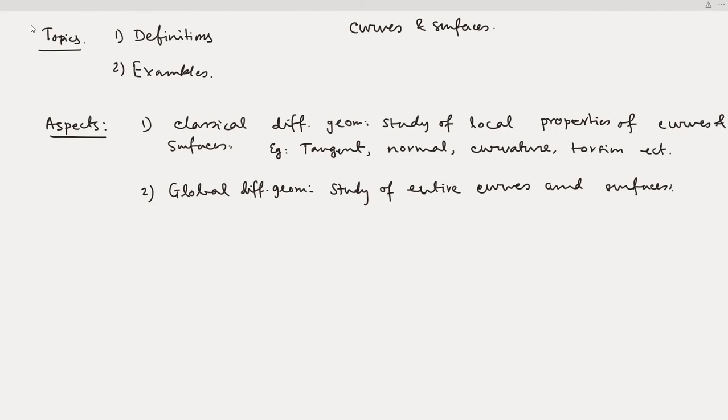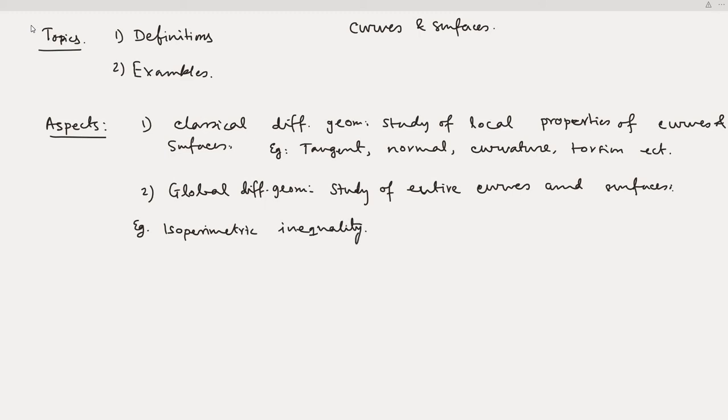For example, here is the study of the isoperimetric inequality.